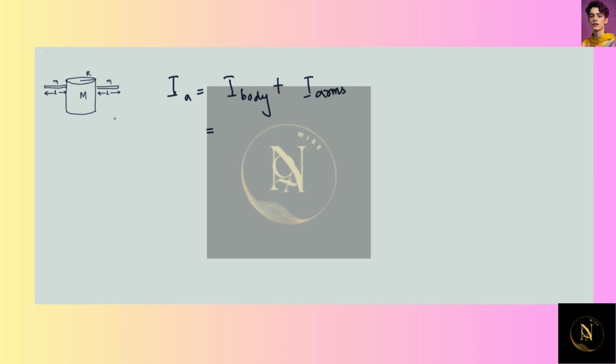Now, the moment of inertia of the body: since the body is a cylinder, we have half times the mass of the body times the square of the radius of the body. And for the arms, we have two arms, and the moment of inertia of both should be equal because they have the same length from the cylinder.